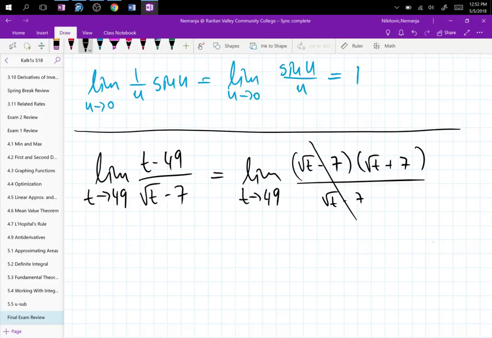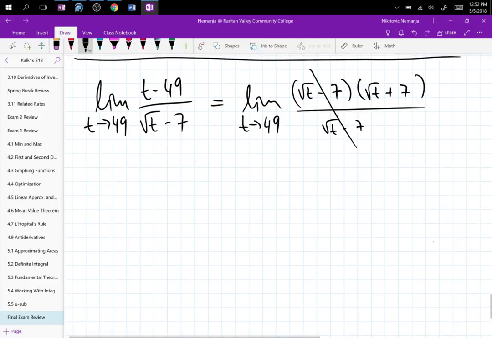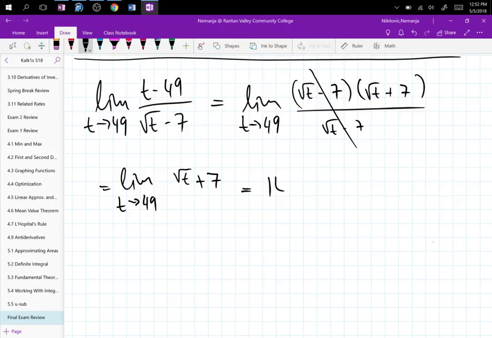And now you see that these guys cancel, and all that's left is the limit as t goes to 49 of square root of t plus 7. 14, right? Because when you plug in 49, square root of 49 is 7, 7 plus 7 is 14, and that's that.